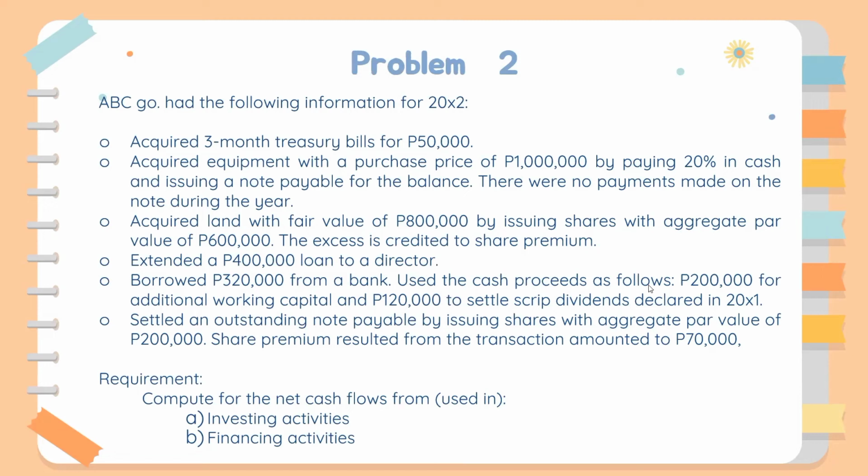Yung use the cash proceeds as follows: 200,000 for additional working capital and 120,000 settles scrip dividends declared in 20x1. Yung 200,000 hindi siya included sa computation kasi operating activities siya. Yung 120,000 naman, yun yung included.